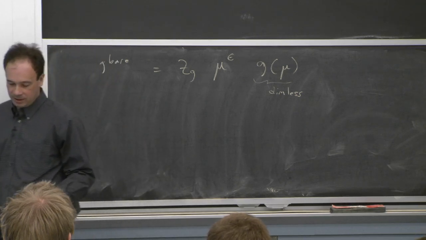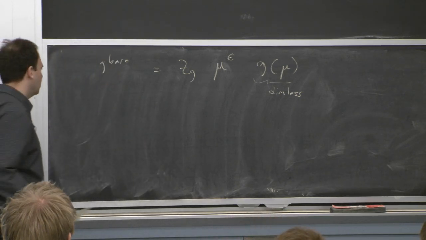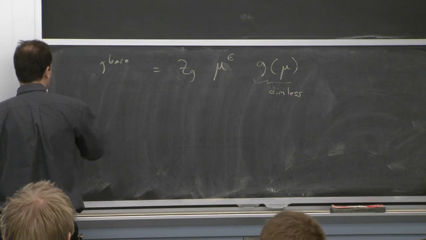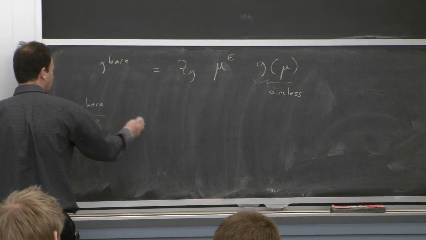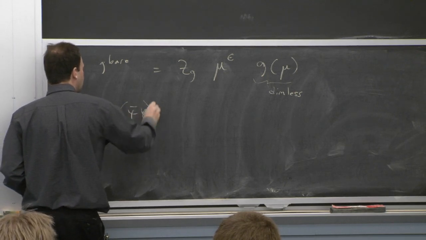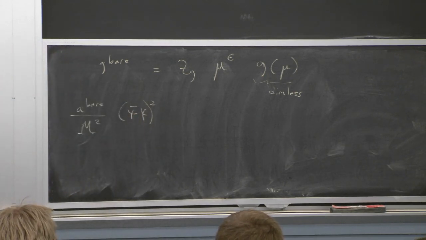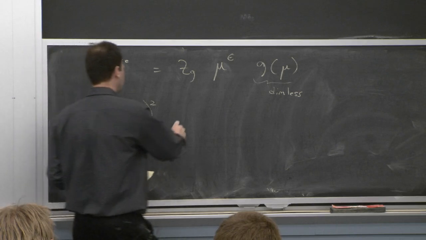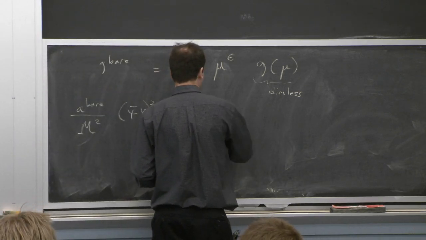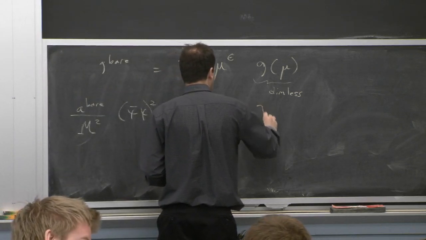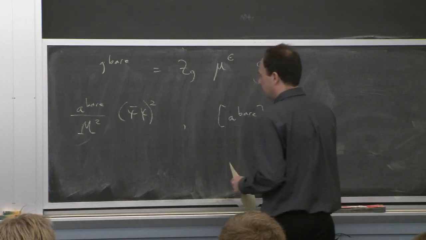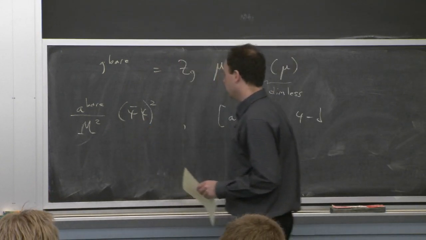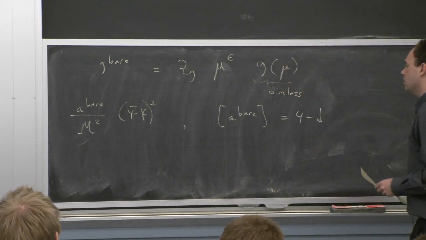So let's do one other example. So take our dimension 6, A bare over capital M squared, psi bar psi squared. Do dimension counting on this guy. Which I do again in the notes, but if you go through that dimension counting and you remember that the dimensions for the fermions are assigned by the kinetic term.